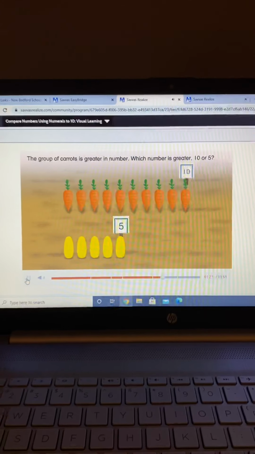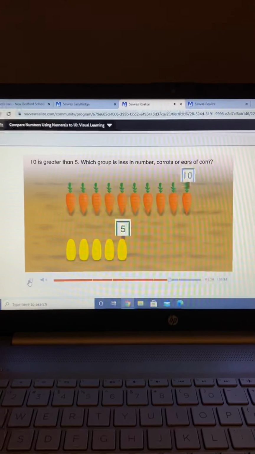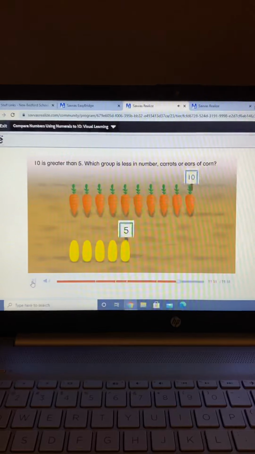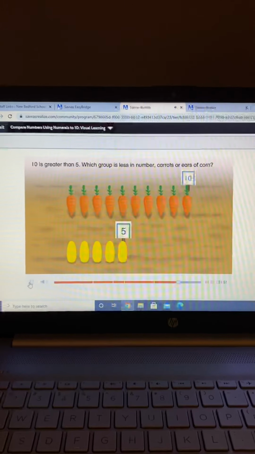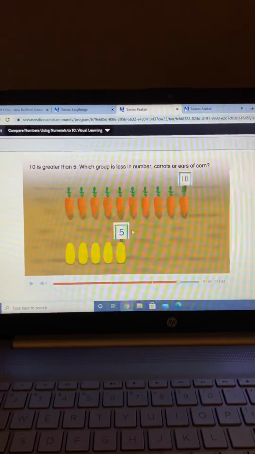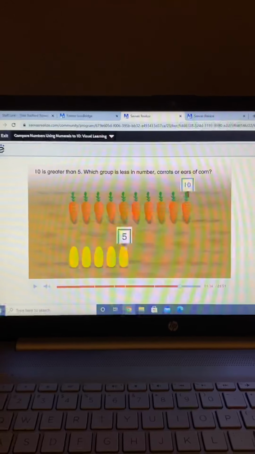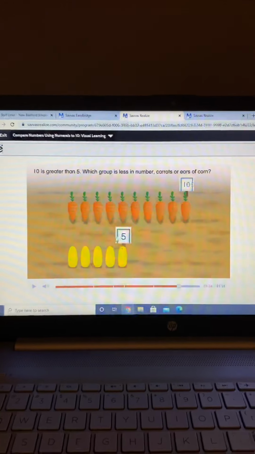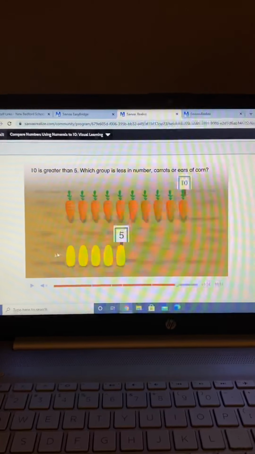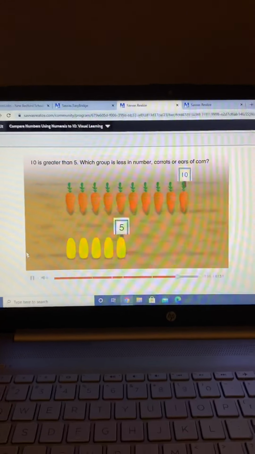Which number is greater, 10 or 5? 10 is greater than 5. Which group is less in number, carrots or ears of corn? So if we know the number 10 is greater than 5 and that there are more carrots than corn, that means that this number is less. 5 is a lesser number than 10, and we can see with our eyes that there are less ears of corn than there are carrots.